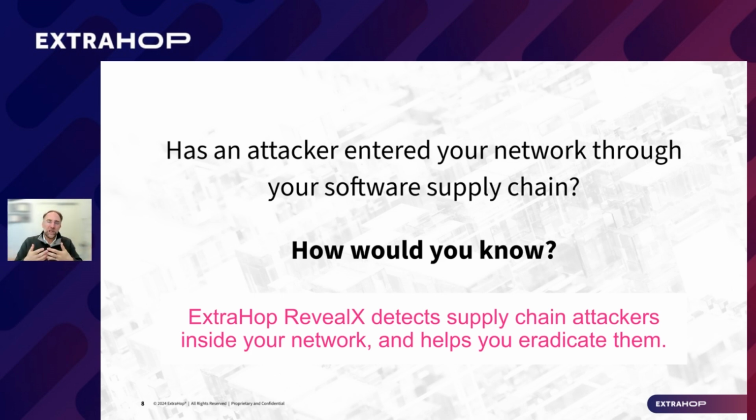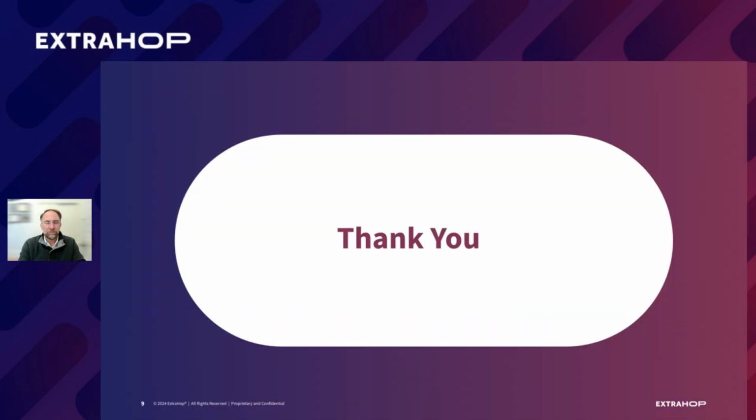If you have visibility inside your network, how would you know? Well, you don't know because you don't have visibility inside the code, inside the software, but you have visibility inside the network with RevealX. And so the way that you would know is because RevealX would actually tell you what's happening on the network. Thank you very much.